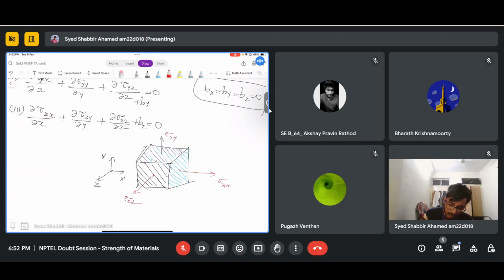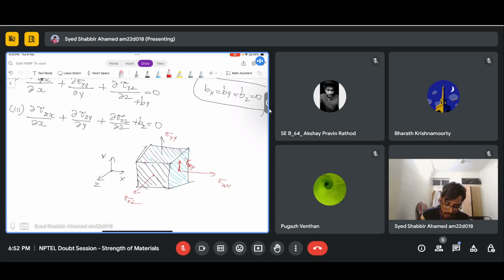Now I have told you how we write the notations. First, we take the plane on which the stress is acting, and then the direction of the stress. The plane is the x plane, and the direction of the stress is in y direction, so I'll write it as tau xy.